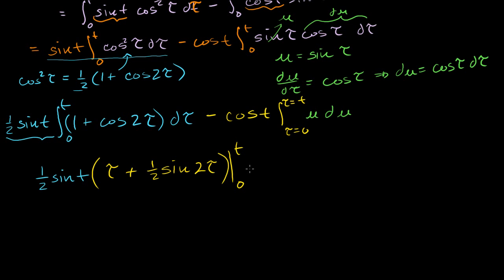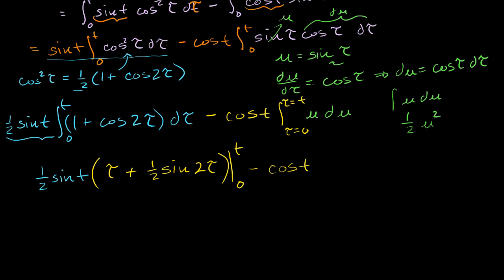And then we have minus cosine of t. And when we take the antiderivative of this, let me do this on the side. The integral of u du, that's trivially easy. That's 1/2 u squared, right? But what was u to begin with?